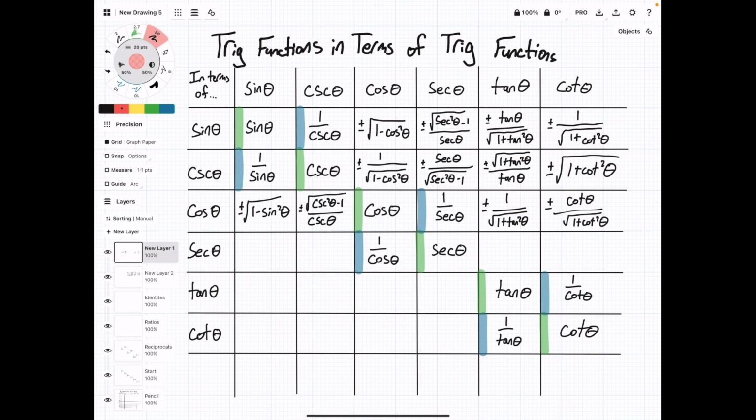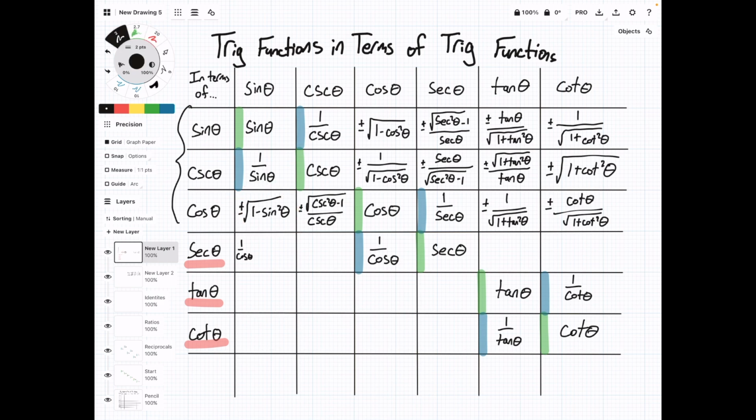At this point, we could fill in the rest of this table without doing any more difficult math. The reason we can do that is that we know what the ratio of these remaining trig functions are in terms of the functions that we've already solved. So for secant, we know that it's 1 over cosine theta. So all we would need to do would be to find cosine theta in this column and then do 1 over it.